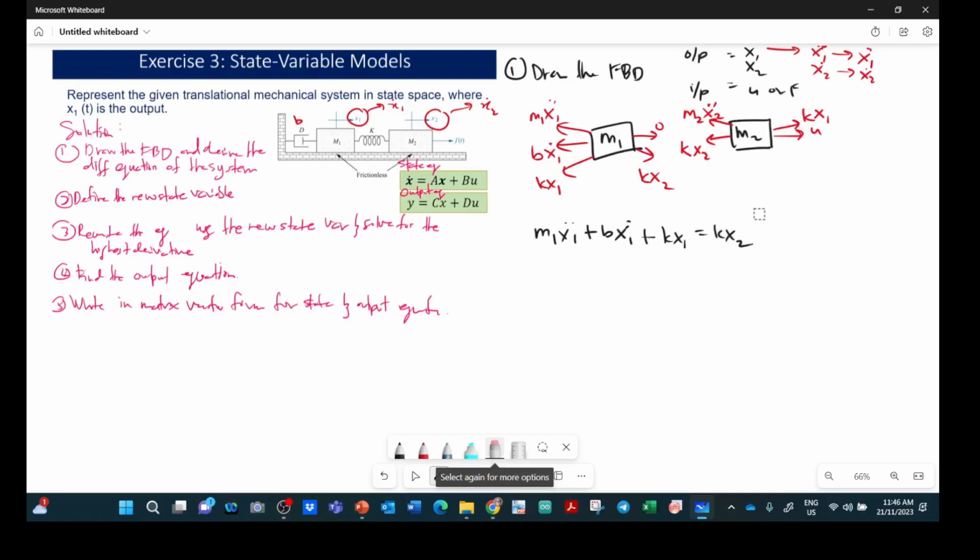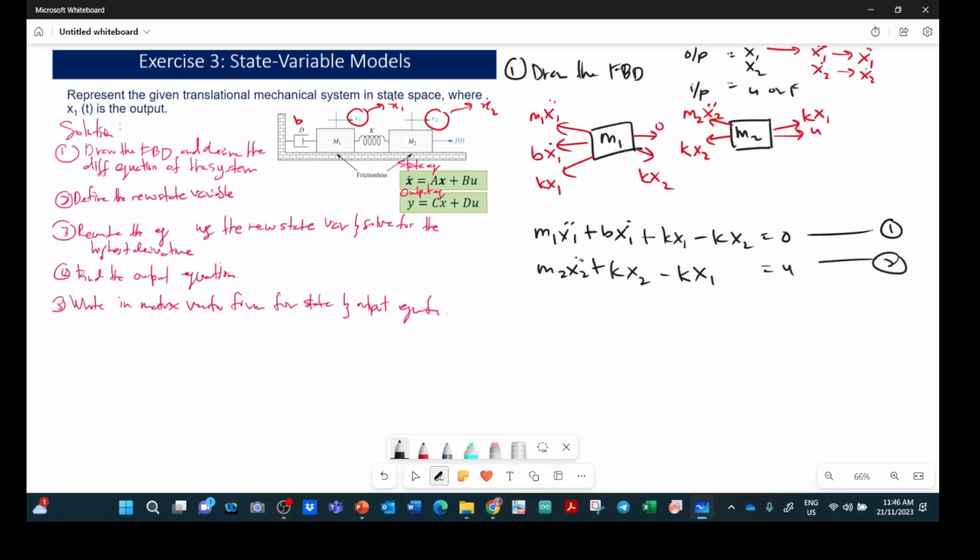Let's say in this equation I want to make it on the left side, yeah, because the force is 0, kan? So minus Kx2 equal to 0. First equation. Second equation, M2 x2 double dot plus Kx2 minus Kx1 equal to U. Second equation.